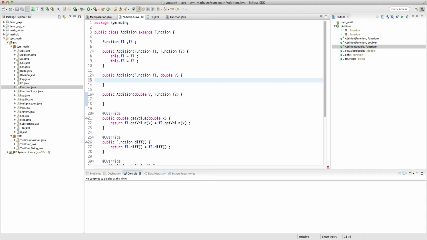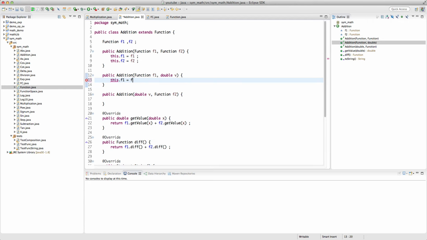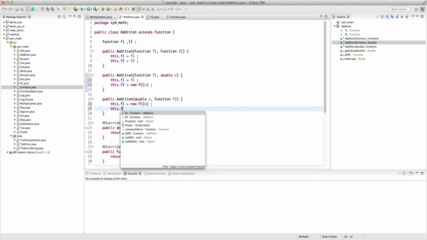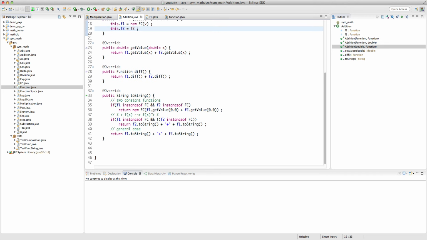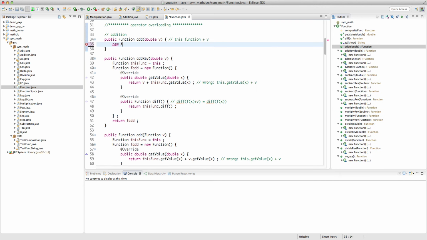If f2 is a double, this.f1 is f1, and this.f2 is a new fc(v), a constant function. Here we have this.f1 as a new fc(v), and this.f2 is f2. And then in the function we just return the new addition.